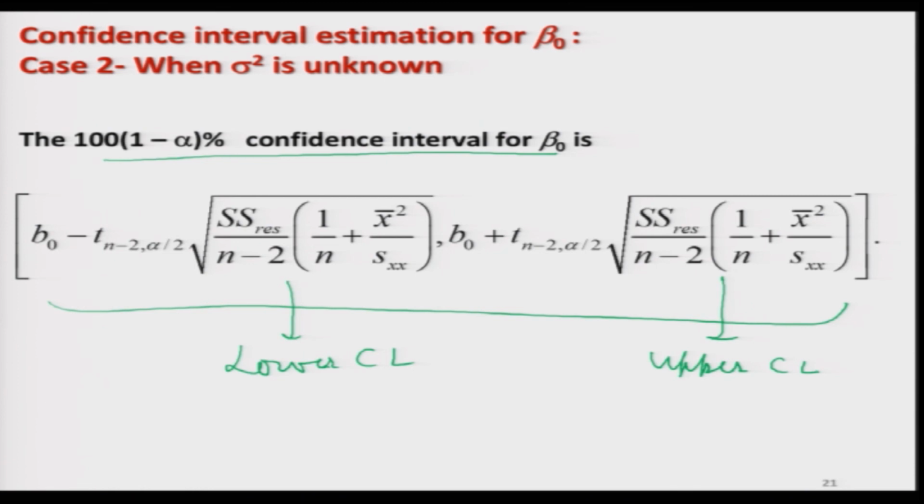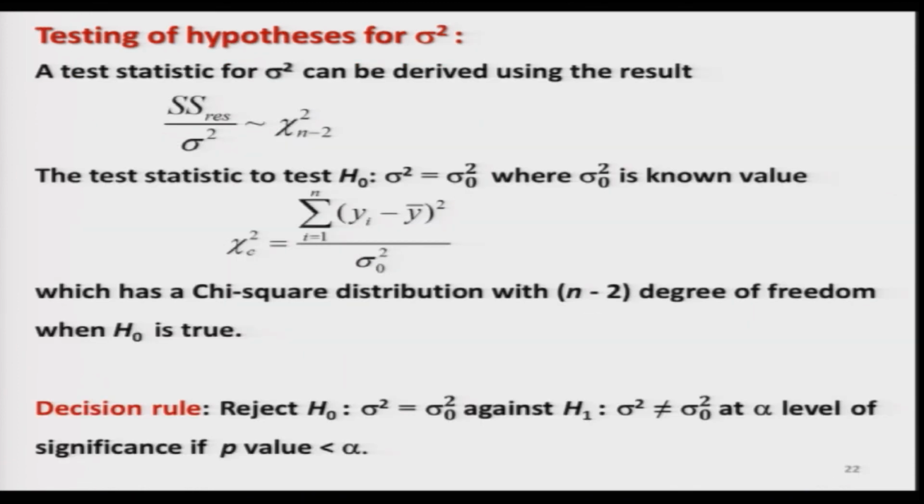So, after this we consider the test of hypothesis and confidence interval for sigma square. The test statistic for sigma square is found using the result that the sum of squares due to residual divided by sigma square follows a chi-square distribution with n minus 2 degrees of freedom.